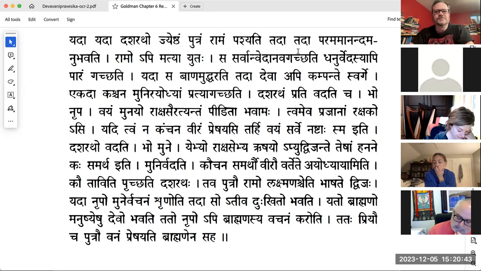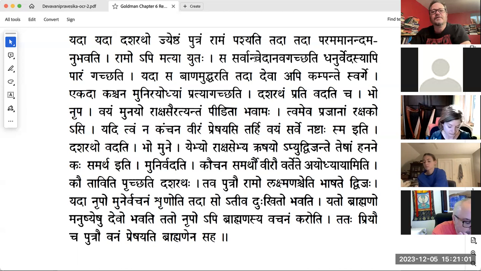You were breaking the pauses very well as you went along. So sarvan vedan avagachati. One trick when you're looking at these sort of long Sandhi sentences is to look for repeated grammar. Here you see the long a and then the na with the virama. So that's there and that's there.